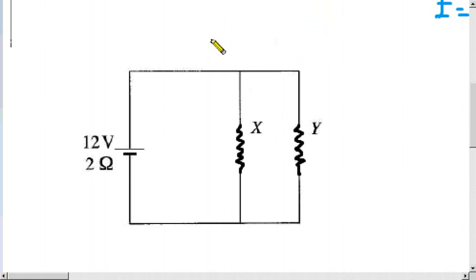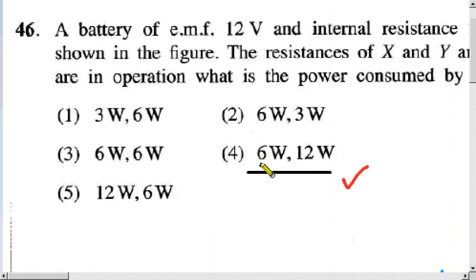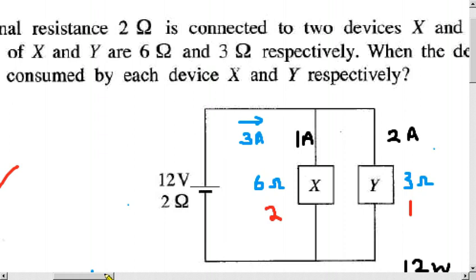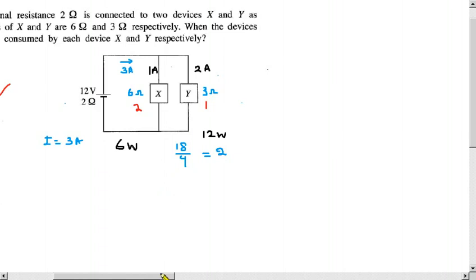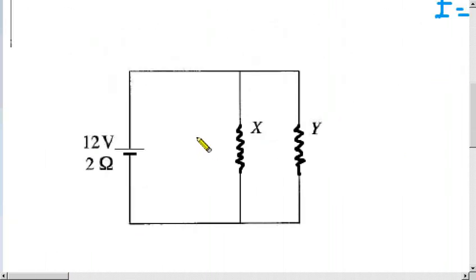X is 6 and Y is 3. So the values are 6 ohm and 3 ohm.